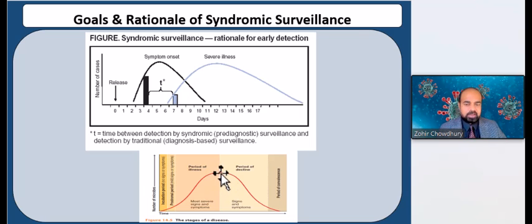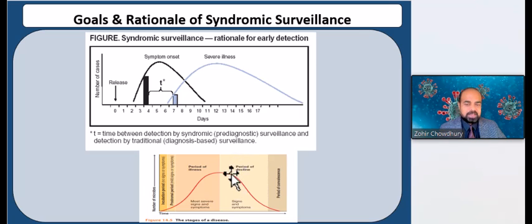Then, depending on the type of illness, you start recovering, and the symptoms decline over time after the recovery period. In a typical surveillance system, once the symptoms become more and more severe in the general population, you start seeing more and more cases out there, and then lab diagnosis would follow and so forth.